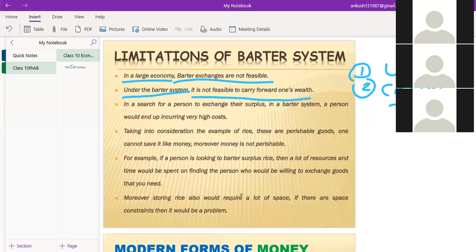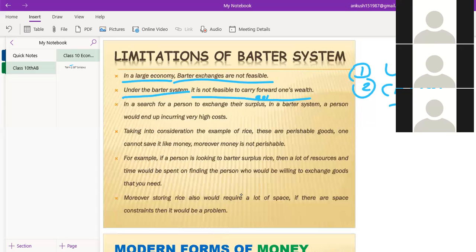Another flaw of this barter system is that the things which are exchanged are not measured properly. Suppose I want gold and someone wants diamond. I'm just telling you the example. Diamond is a costly stone, and gold is a metal which is less costly than diamond.